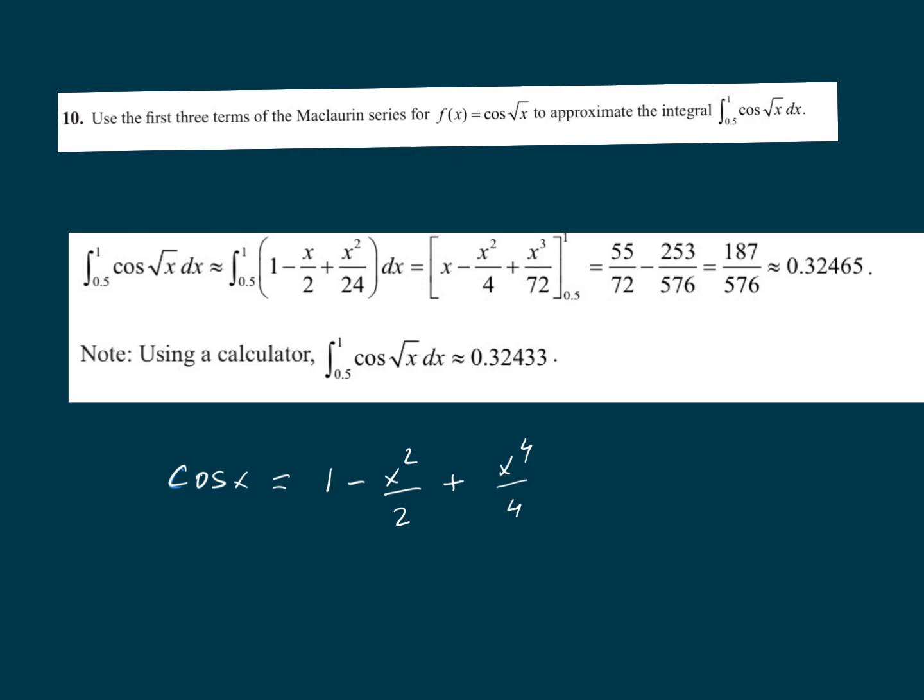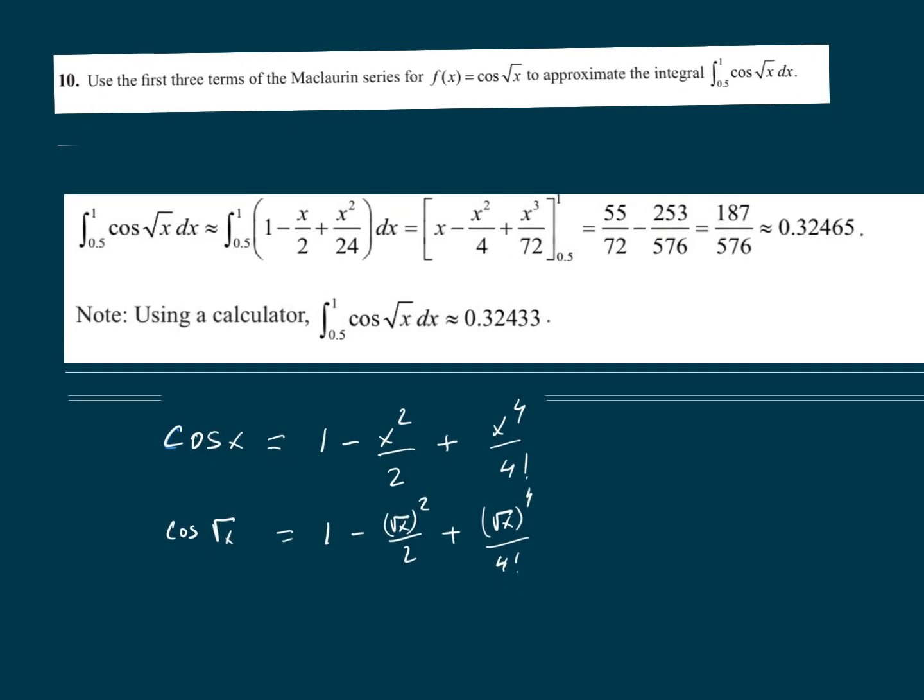Okay. But the problem says cosine of a square root of x. So it will be 1, wherever I see x, I will put a square root of x: minus square root of x squared divided by 2, plus square root of x to the 4 divided by 4 factorial. What will this be?